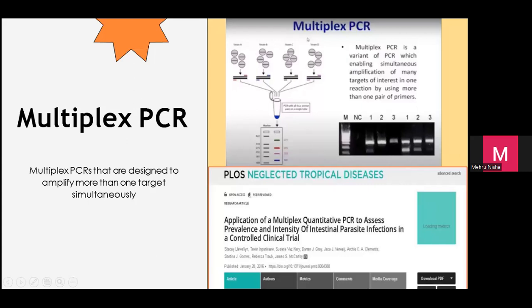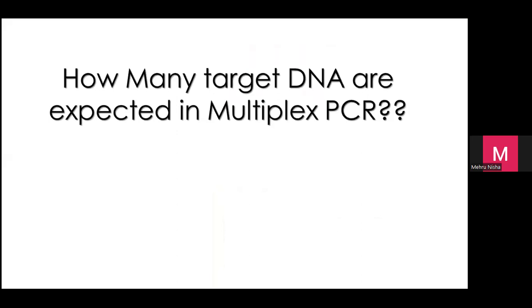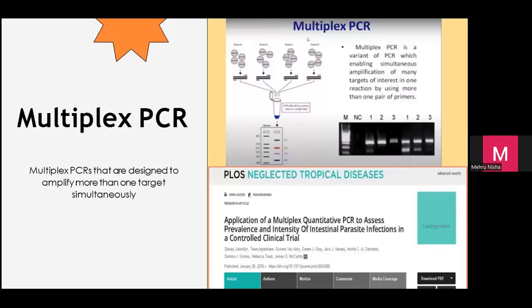Suhu dia you kena pandai optimize dia. Dia akan ambil masa yang agak lama lah nak optimize. Kalau dah optimize, then straight away you boleh cepat buat. So it is save your time. So how many target DNA and expected in multiplex? How many target?